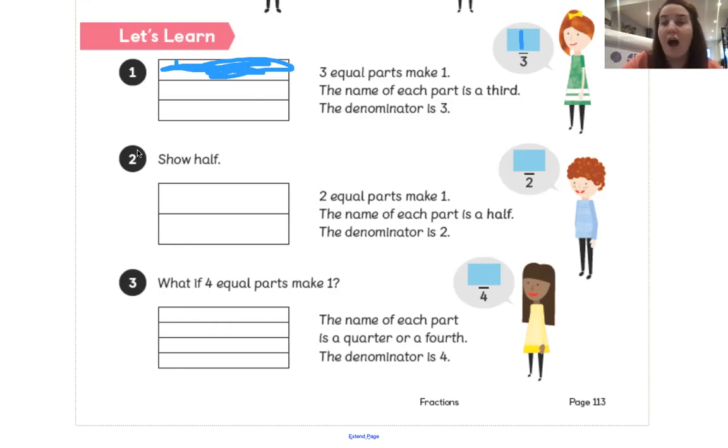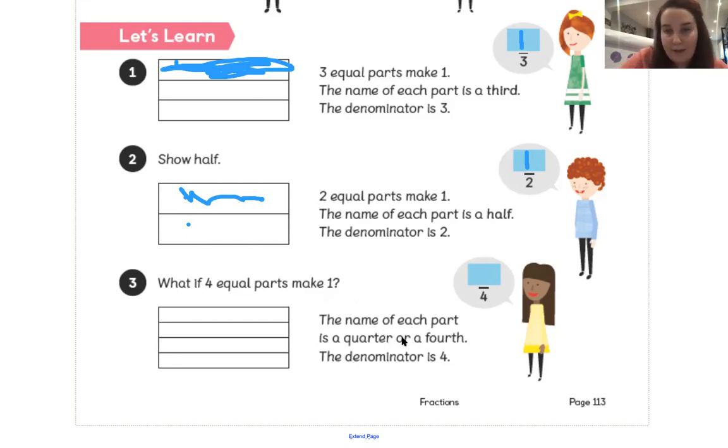Okay, if we're showing a half, we know that 2 equal parts make 1 whole. The name of each part is half, and the denominator is 2. So our numerator, if we are showing just 1/2, would be 1. Remember what I said last lesson? The denominator is telling us how many parts it's split up into, and the numerator is telling us how much is shaded. So here, what if 4 equal parts make 1?